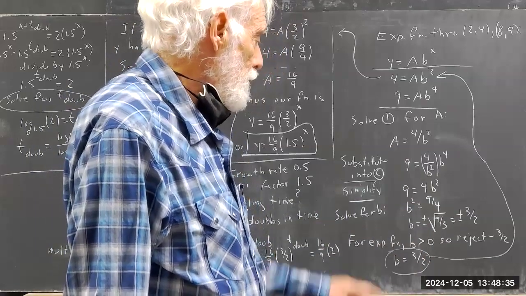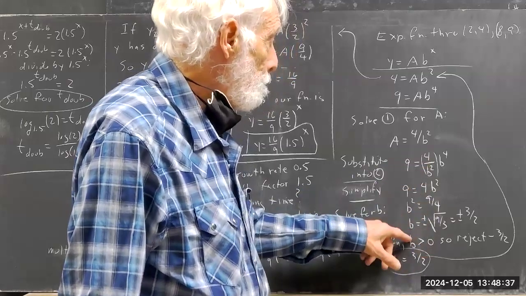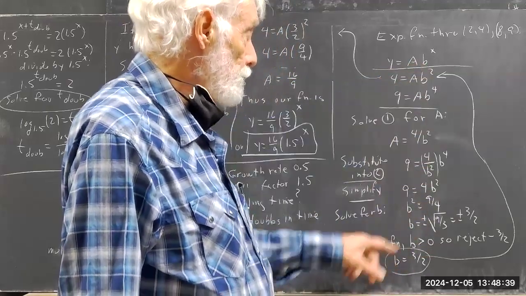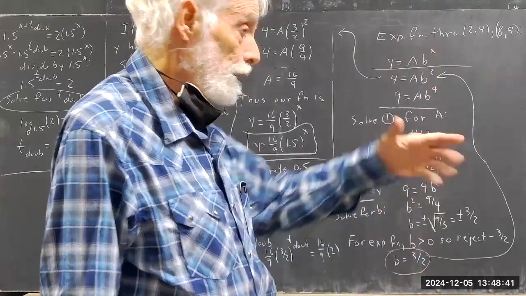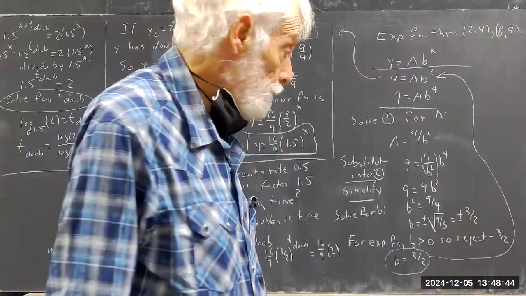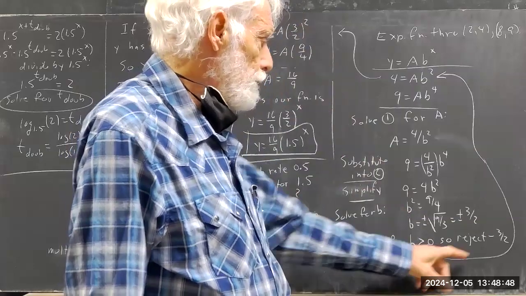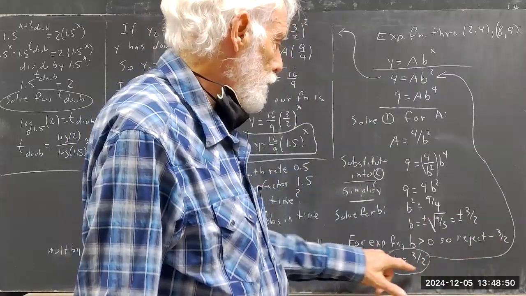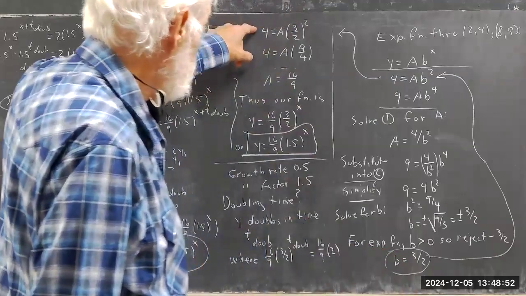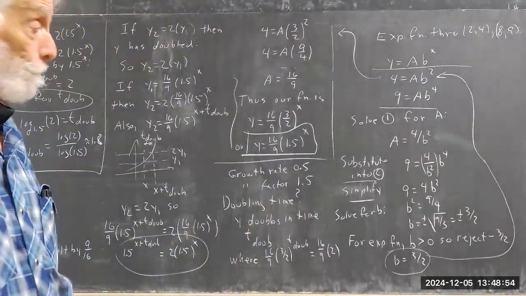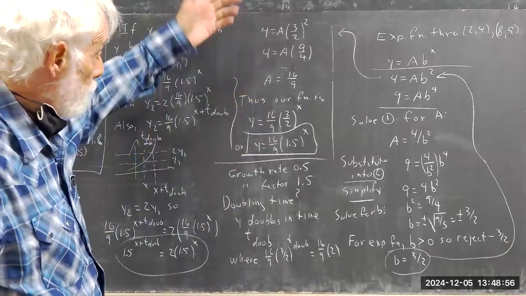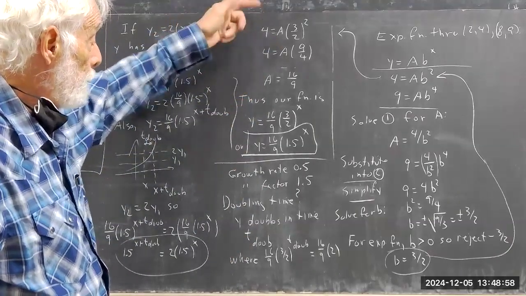For an exponential function, b here has to be greater than 0. You don't do negative numbers to arbitrary powers. So you can reject the negative 3/2, and now b equals 3/2. So there's your function. Okay. And then you solve for a.